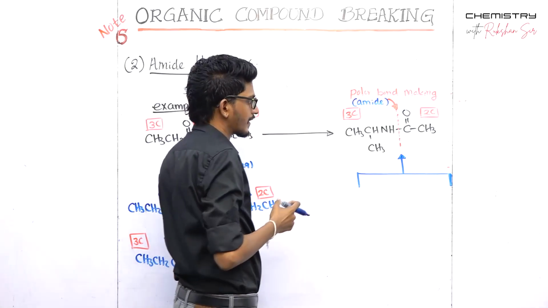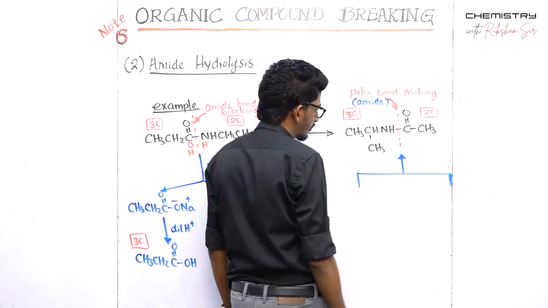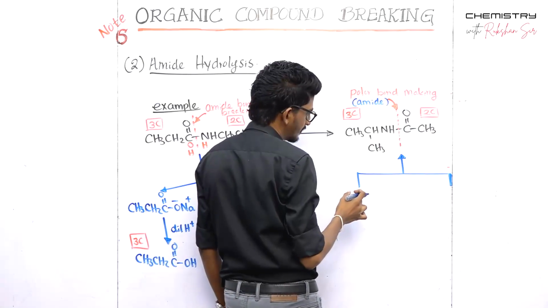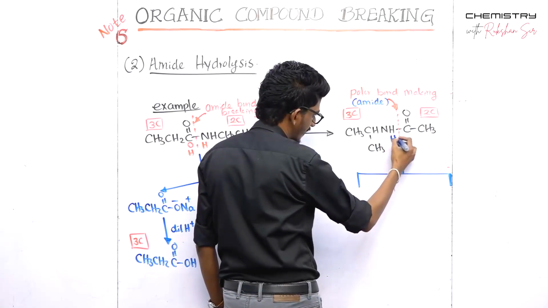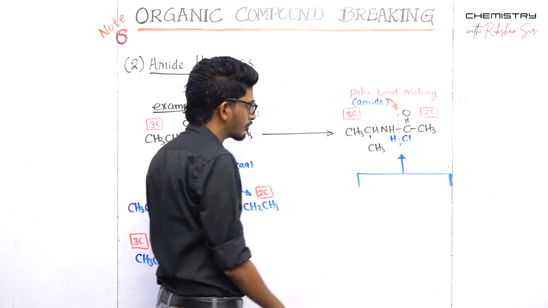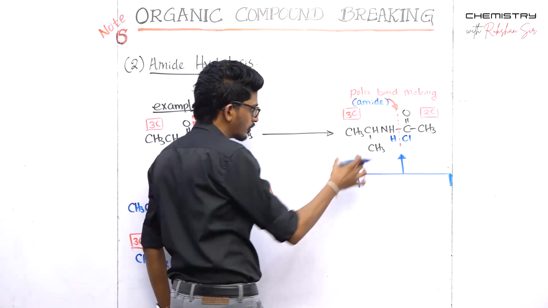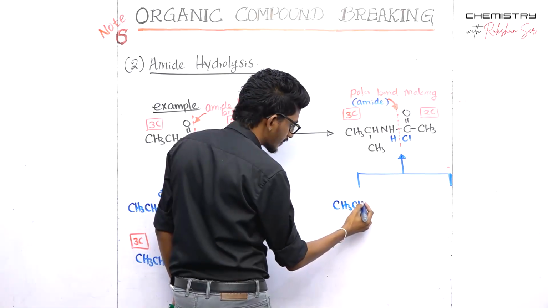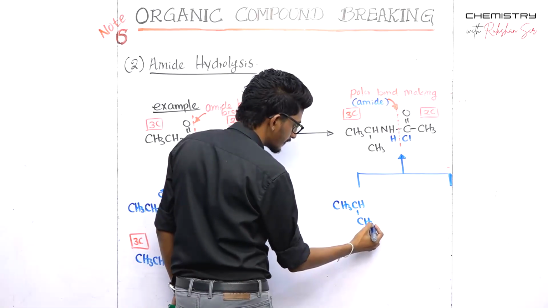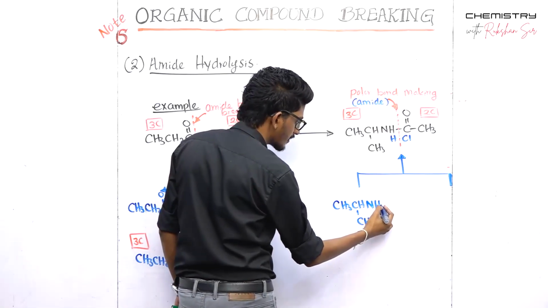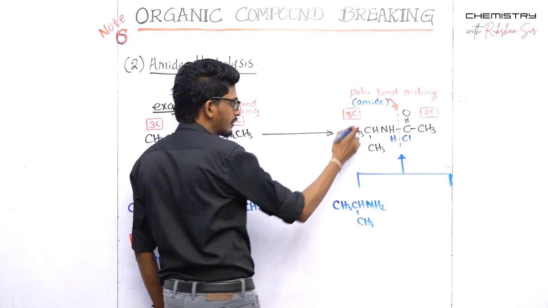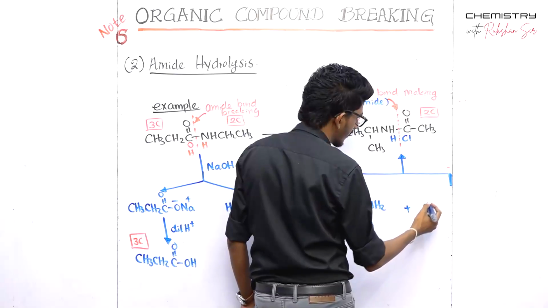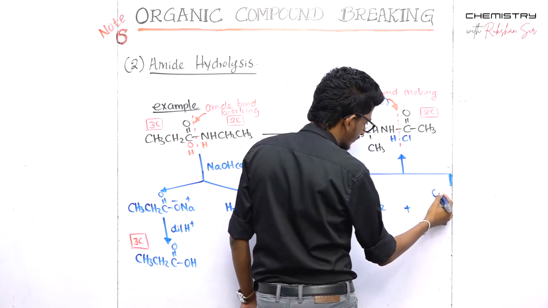When you think of an amide bond situation, the smaller molecule is HCl, so you have to add some H here and Cl here for the bond breaking upon forming situation. So if you react this amine with this acid chloride, you definitely will get this amide.